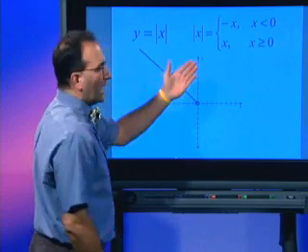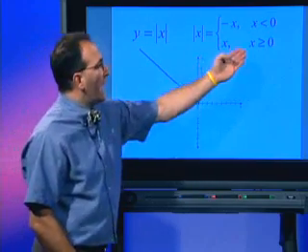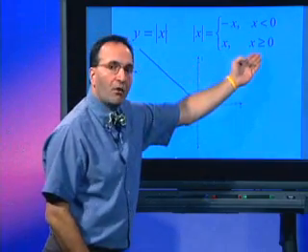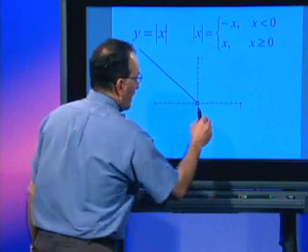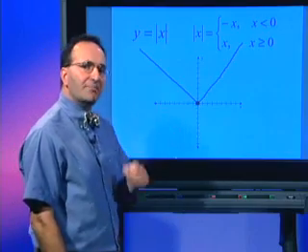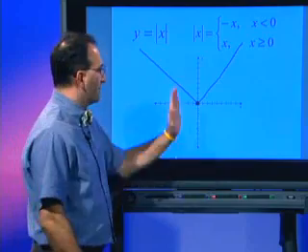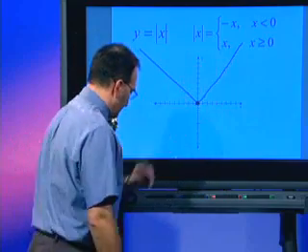But now for the other half of the graph, it's equal to x when x is equal to 0 and greater than 0. So now I can fill this in, and this time it's going to be going up at this angle. So this absolute value function graph is a piecewise graph because we have negative x on this side, positive x on that side.